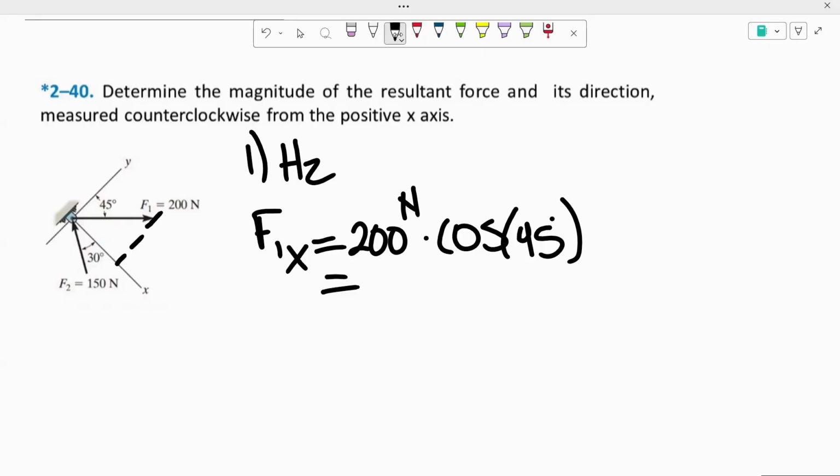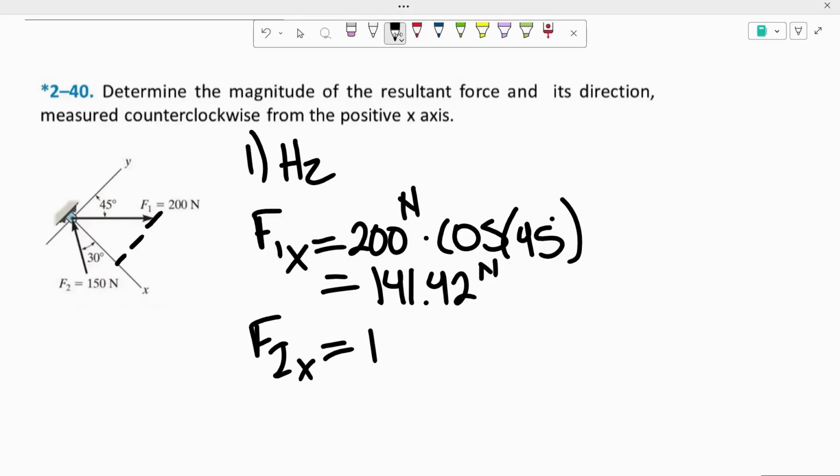We input that into our calculator, and you want to make sure that your calculator is in degrees. So 200 times cosine 45 is 141.42 newtons.